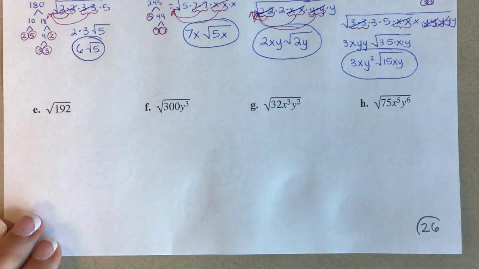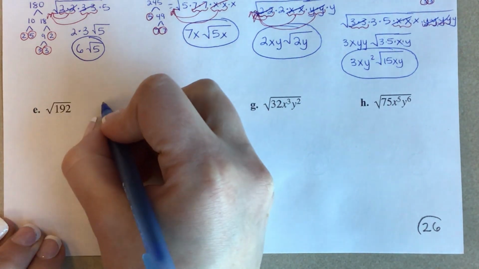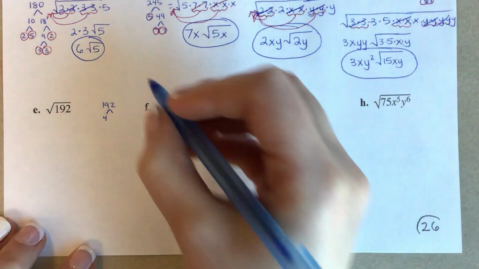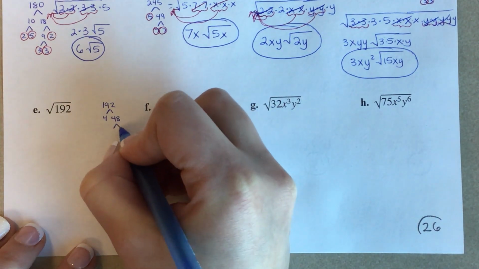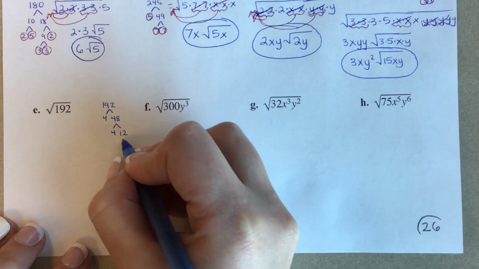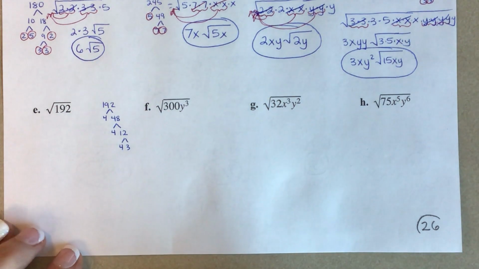So now I'm breaking down 192. 192 is divisible by 4, so I'm going to take 192 and 4, and that gets me 48. 48 is divisible by 4 and 12. 12 is divisible by 4 and 3.